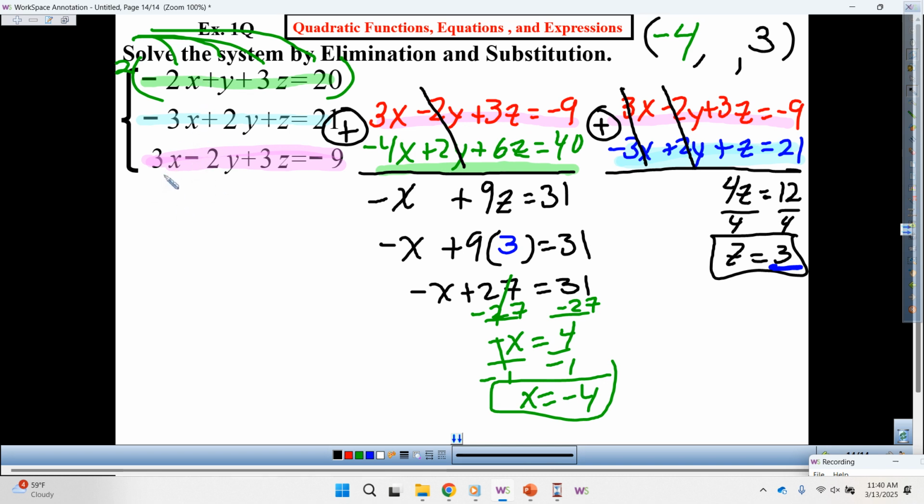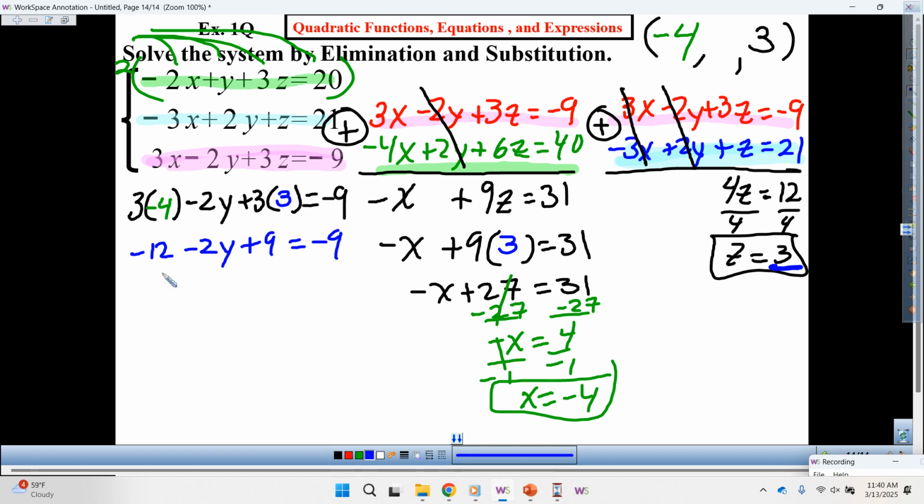The last one, okay. So then right here, I'm going to substitute for x, bring down the 2y. I'm going to substitute for z. All right, so x was -4, and z was 3. So now we have -12 minus 2y plus 9 equals -9.